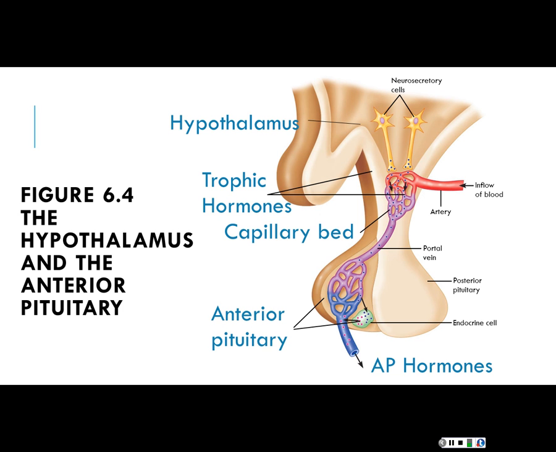Posterior pituitary is neural, nerves. The organ itself, right, not its control. Posterior pituitary is just axon terminals. Anterior pituitary is endocrine gland.